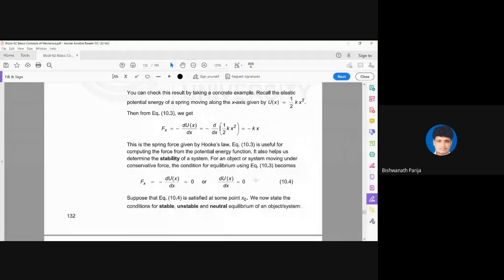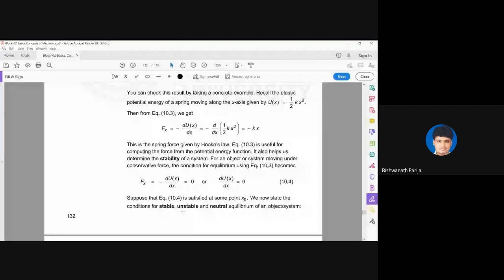We now state the conditions for stable and neutral equilibrium. Remember, dear students, du by dx equal to 0 means no net force acts on the system. That is called the equilibrium position. You have three types of equilibrium: stable equilibrium, unstable equilibrium, and neutral equilibrium. What is the condition for stable equilibrium?